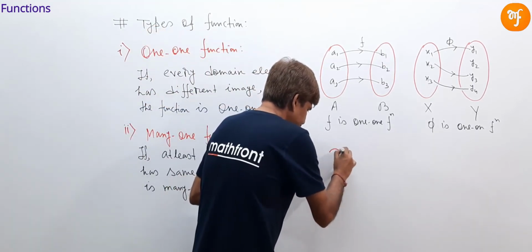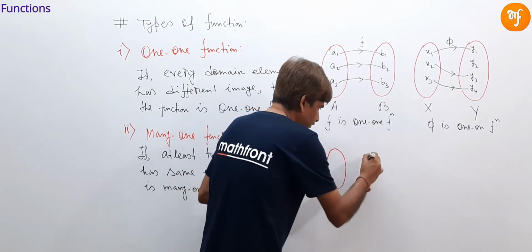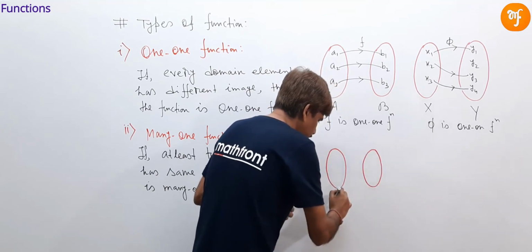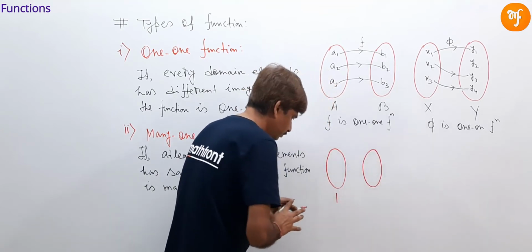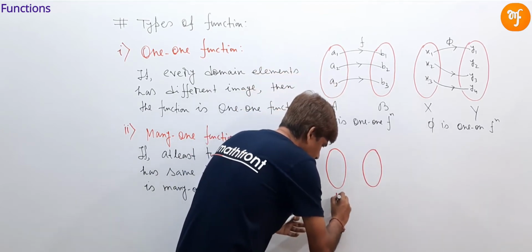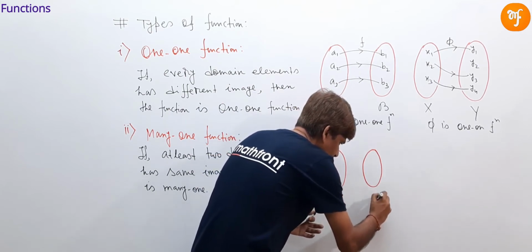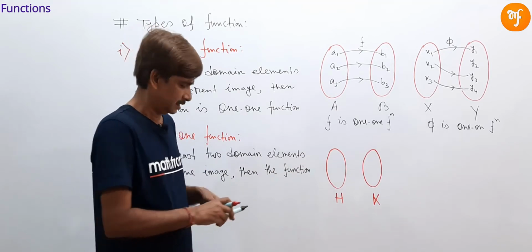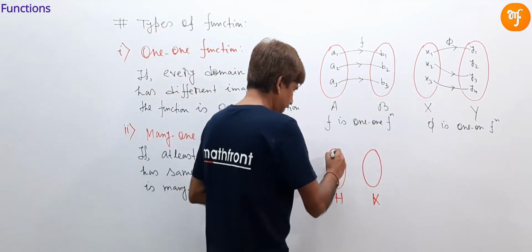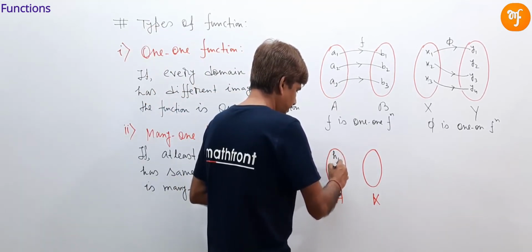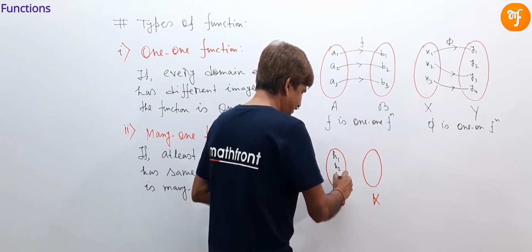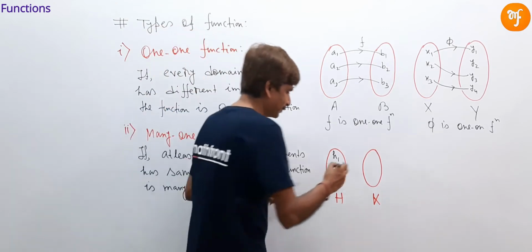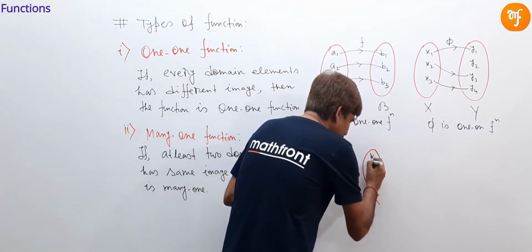Suppose in this case there are two sets, named capital H and capital K. Elements of set H are H1, H2, H3, and elements of set K are K1, K2, K3.